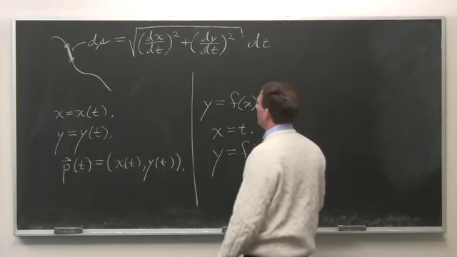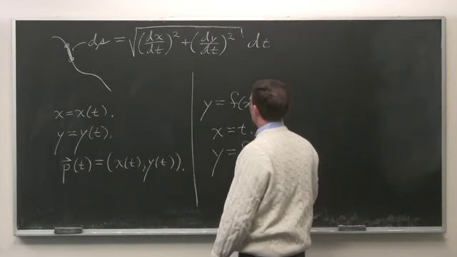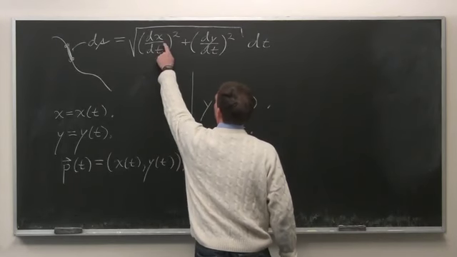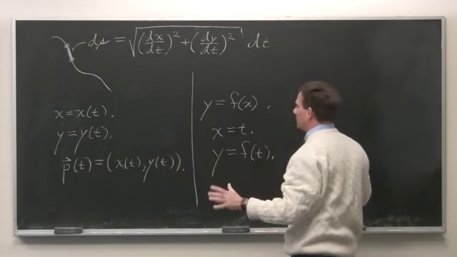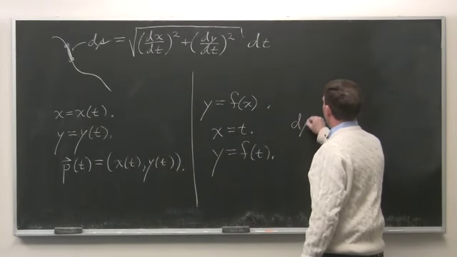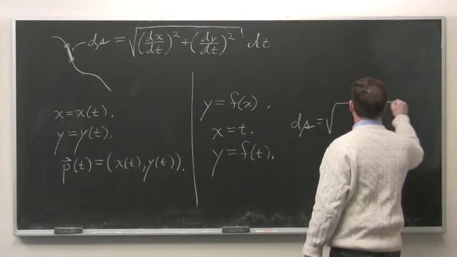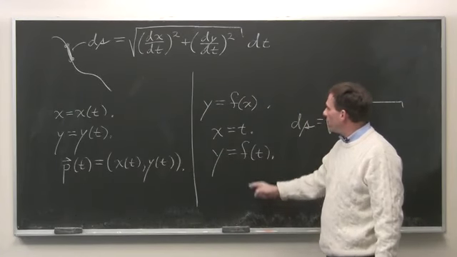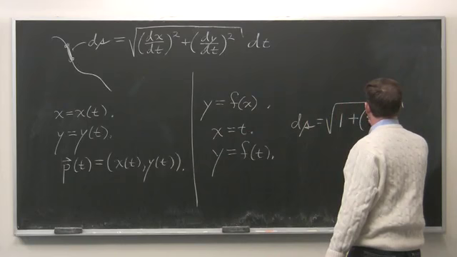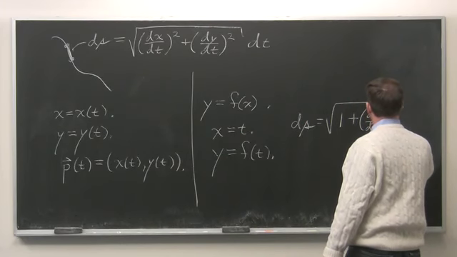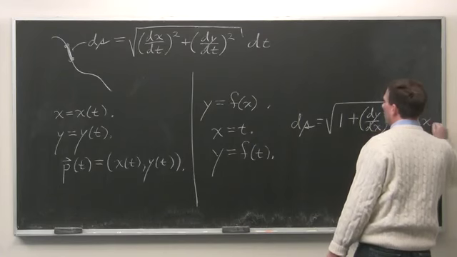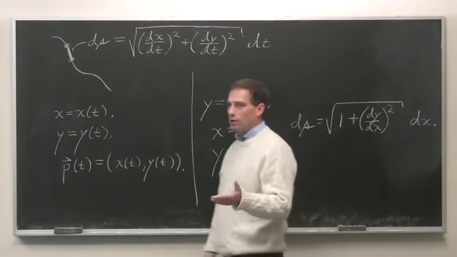So in this setting, if t is just x, then dx dt is 1 squared, still 1. But you get ds equals the square root of 1 plus dy dx squared, times dx.